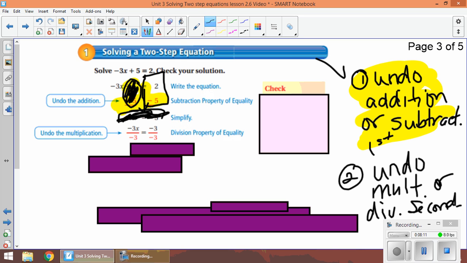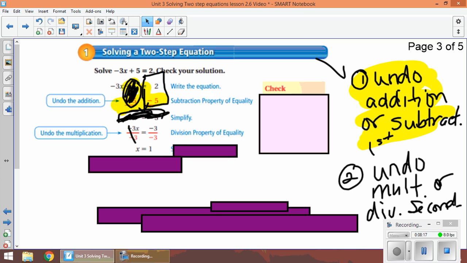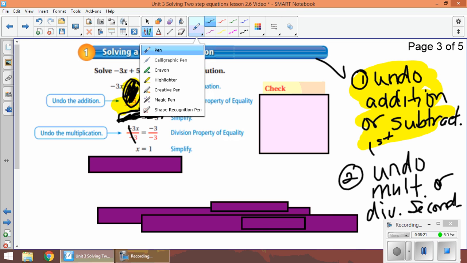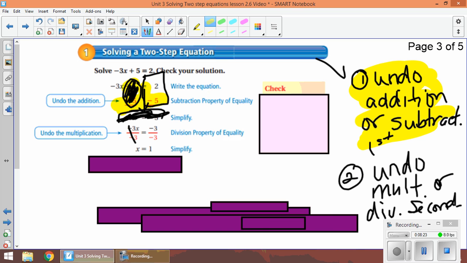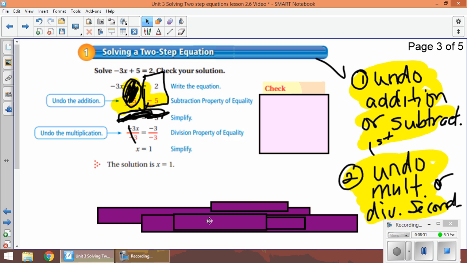Negative 3 divided by negative 3 cancels to leave you with x. And negative 3 divided by negative 3 reduces to positive 1. So you took step 2 here. The inverse of multiplication is division. So you undid your multiplication by dividing. And congratulations, the solution is 1.